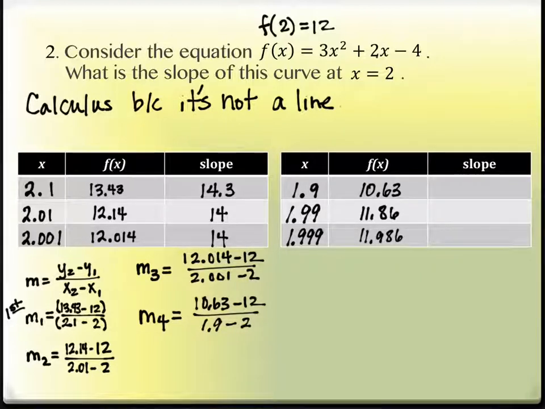What did we get? 13.7? Okay. Then we'll do 11.86. So M5. 11.86 minus my 12 over 1.99 minus the 2. What did that one give you?